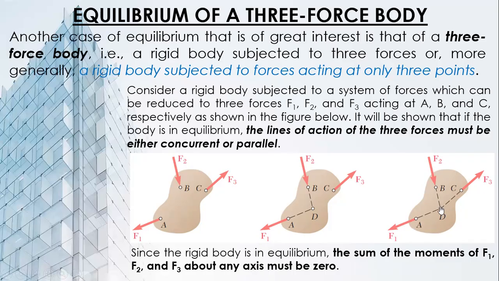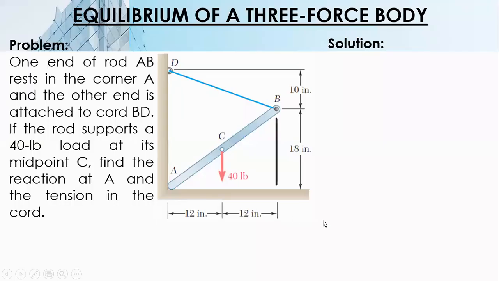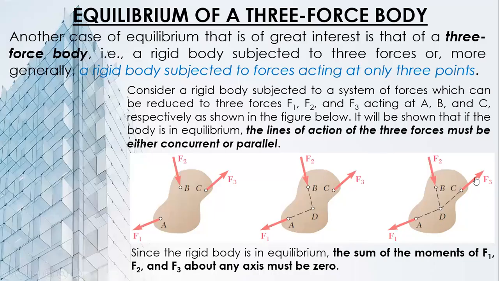So if you sum up the moment at the point, the moment is 0. The line of action of the three forces passes through point D. Again, we have to remember this in analyzing three-force body problems: always find this point of concurrency where the three forces will meet.